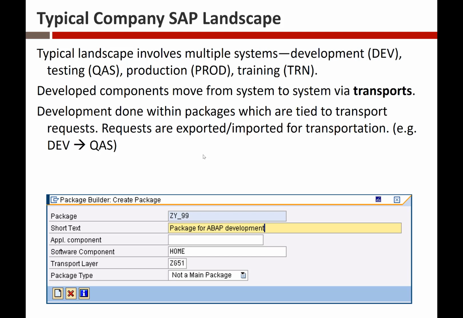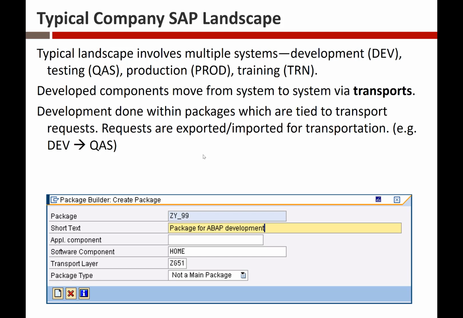And only the code that is a part of this transport will move. There are all kinds of virtues to this structure, because if we transport this to the testing system, and as is not uncommon, within 15 minutes of doing so, we discover something is broken, we transport it back to development, and it was just like it was never there.